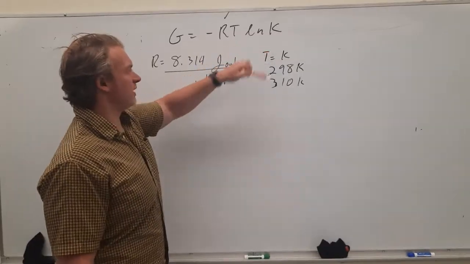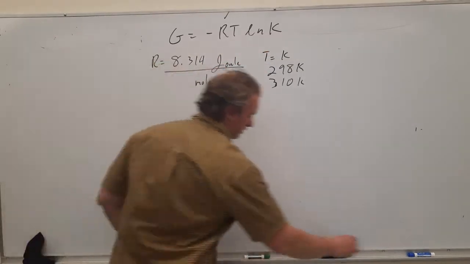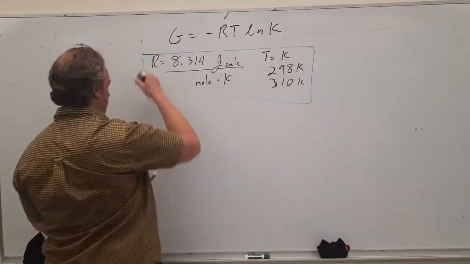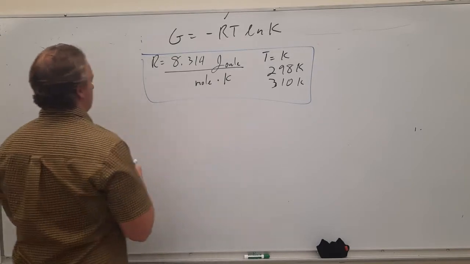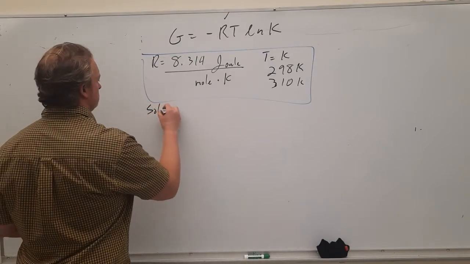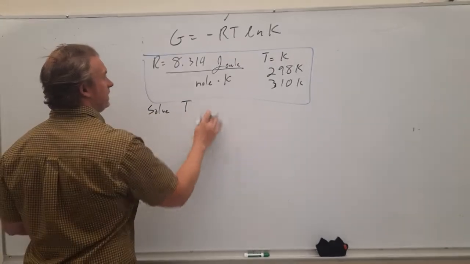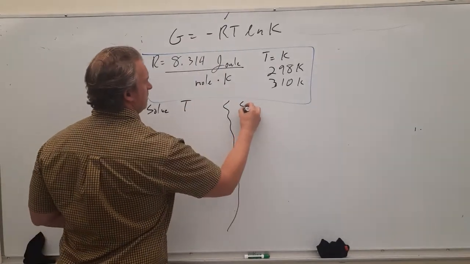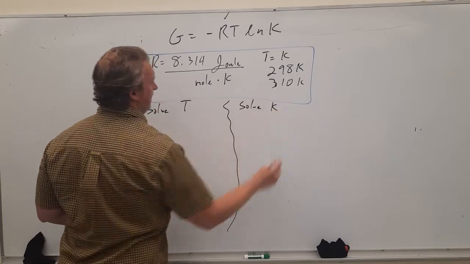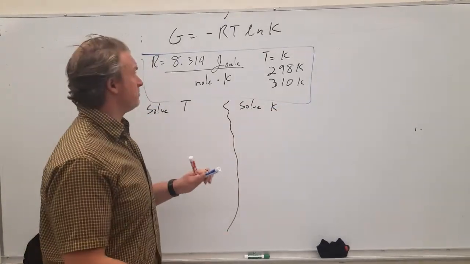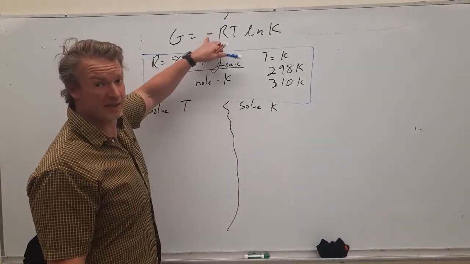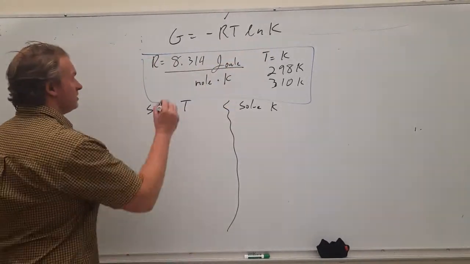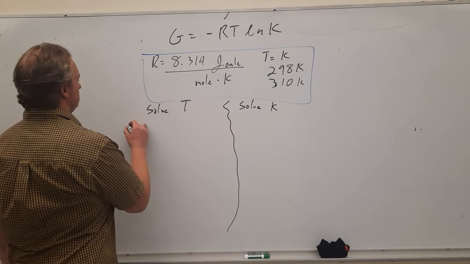How to rearrange this to isolate for terms. To solve for T, I just want to get T by itself. And to solve for K, the big things I want to pay attention to are the negative sign and the natural log. Those are going to be the funniest thing for you.